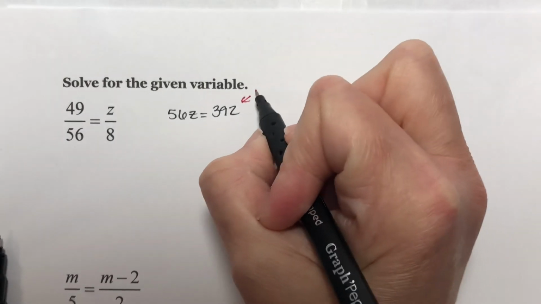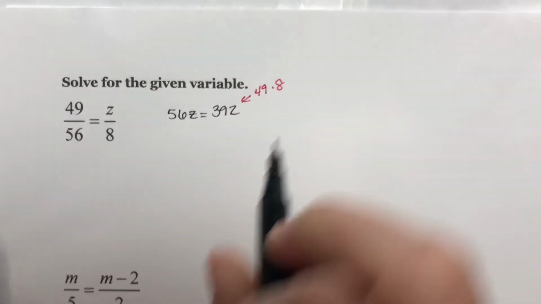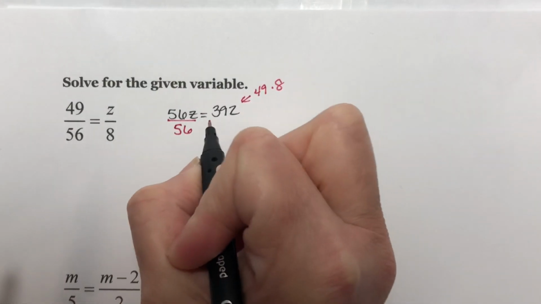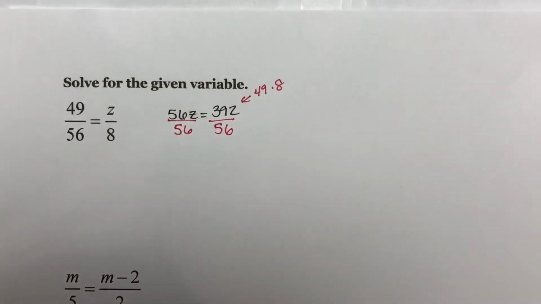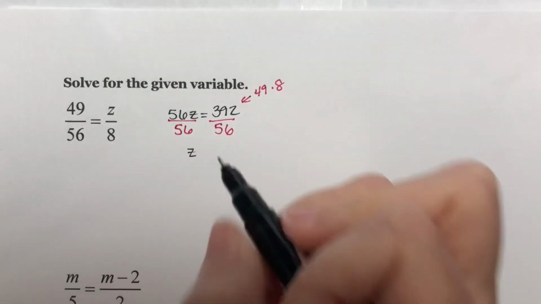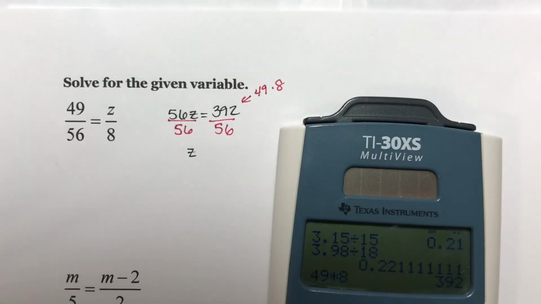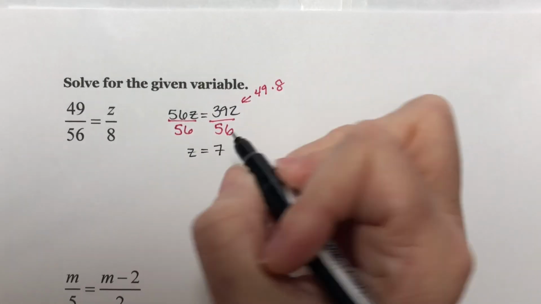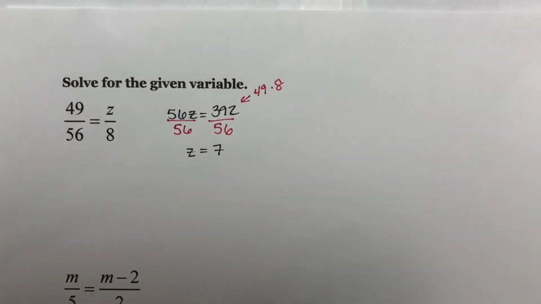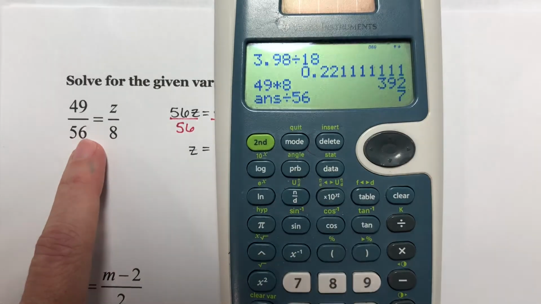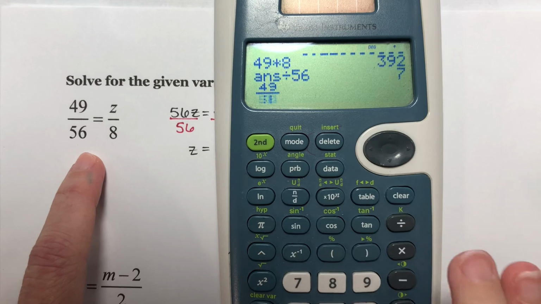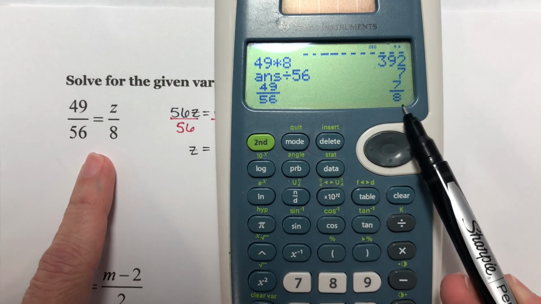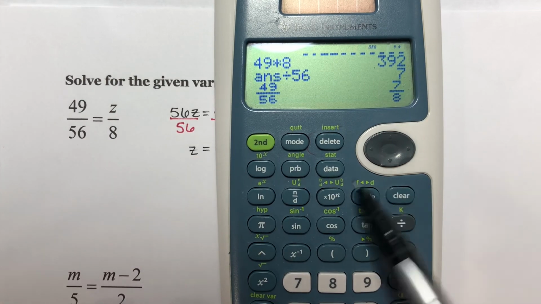Now to solve this, I need to divide both sides by 56. When I divide by 56, I get a 7. So z needs to be 7. If I reduce 49 over 56, it reduces to 7/8. Since that denominator is the same as the other denominator, I could have gotten it very quickly.